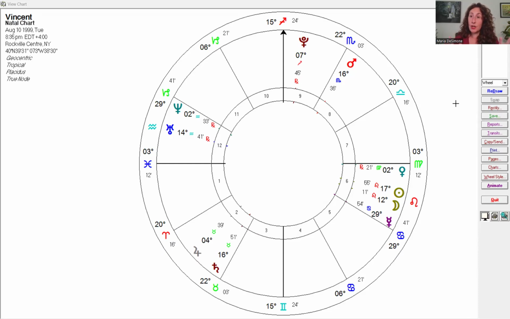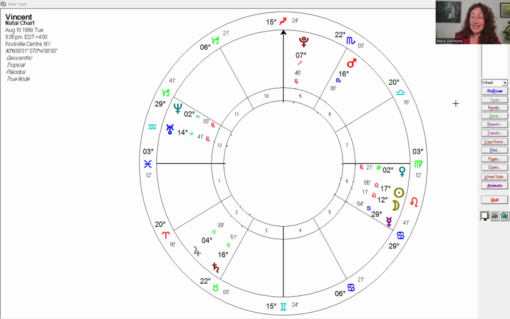This is actually the birth chart of my son, Vincent, and he's a great example, both because I have been able to objectively track his life and development to verify certain points of his experience in bringing the astrology to life. And also because I know that it's an accurate time, right? Okay, so this is a good test example for my purposes here.